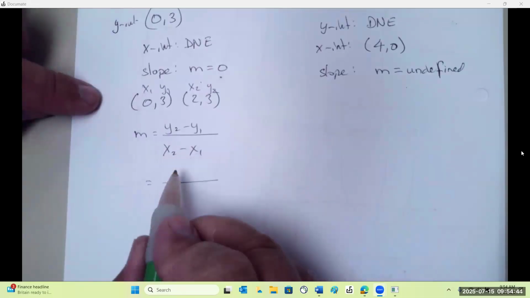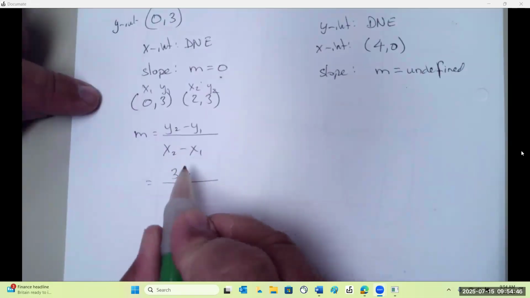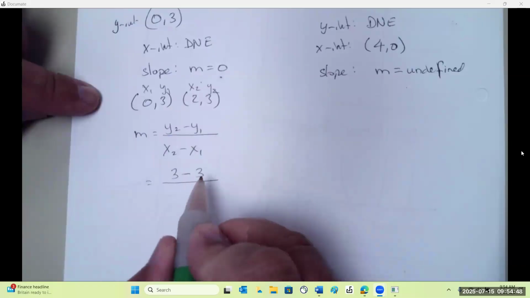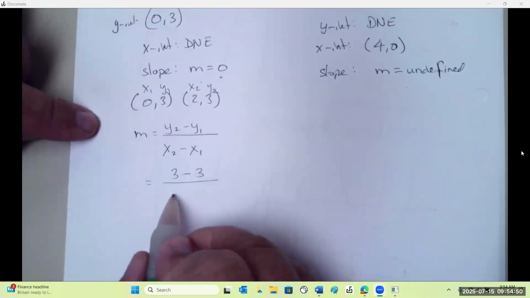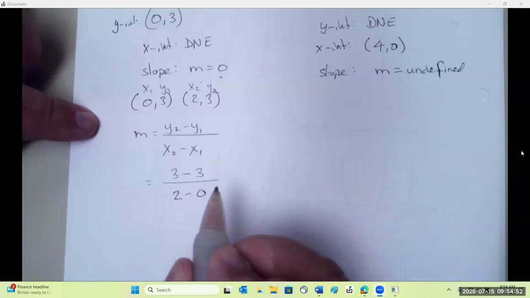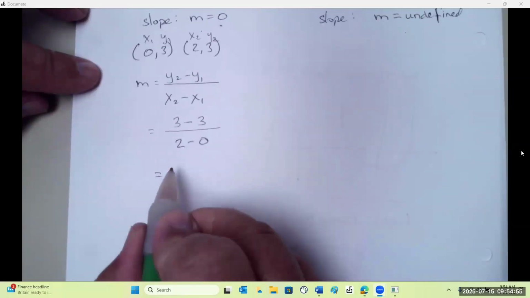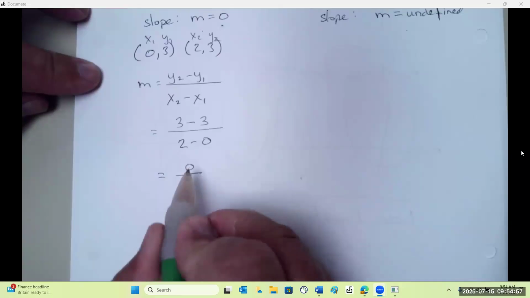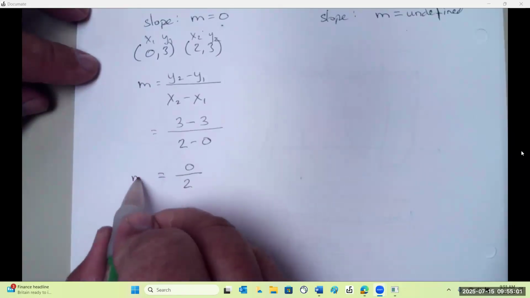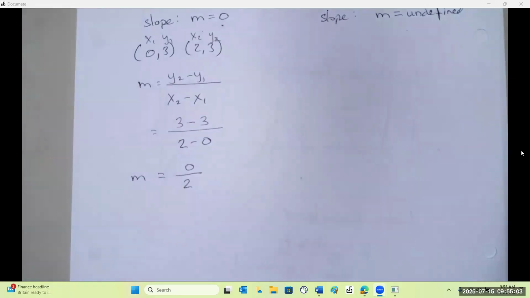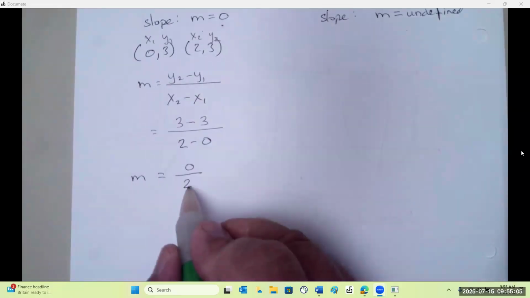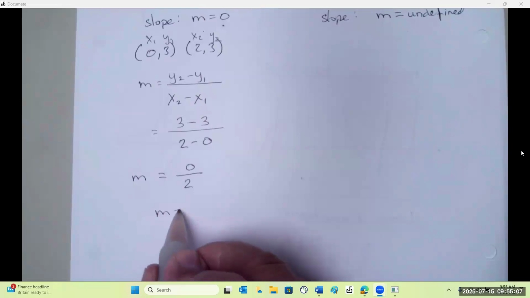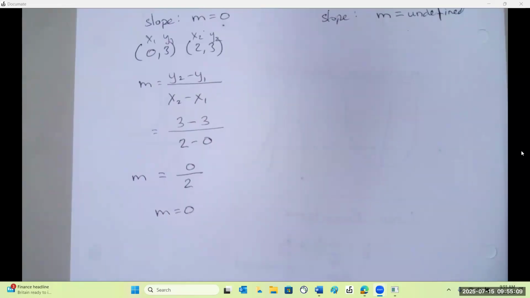So y2 is 3, y1 is 3, and x2 and x1. 3 minus 3 is 0, 2 minus 0 is 2. How many times does 2 go into 0? 0 times. So there's how you prove that.